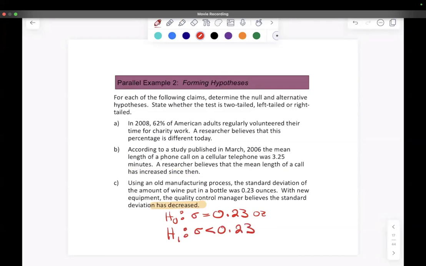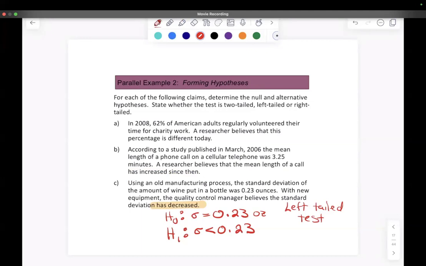Your 10.1 homework is going to have you writing these. Actually, it's going to have you choosing the correct symbols and all of that. And it's going to ask you if things are right-tailed. Oh, this is a left-tailed, sorry, I forgot that part. Because it is less than, you are looking to the left to see if it lands to the left.